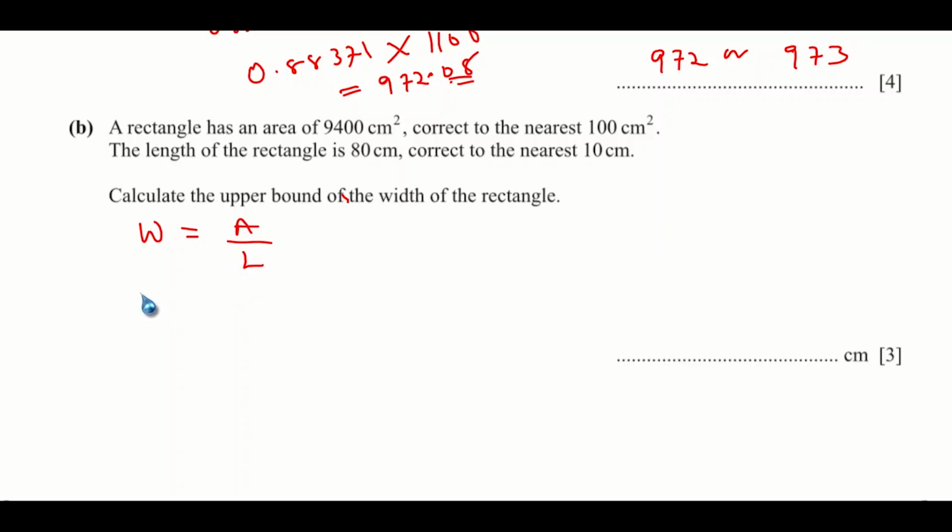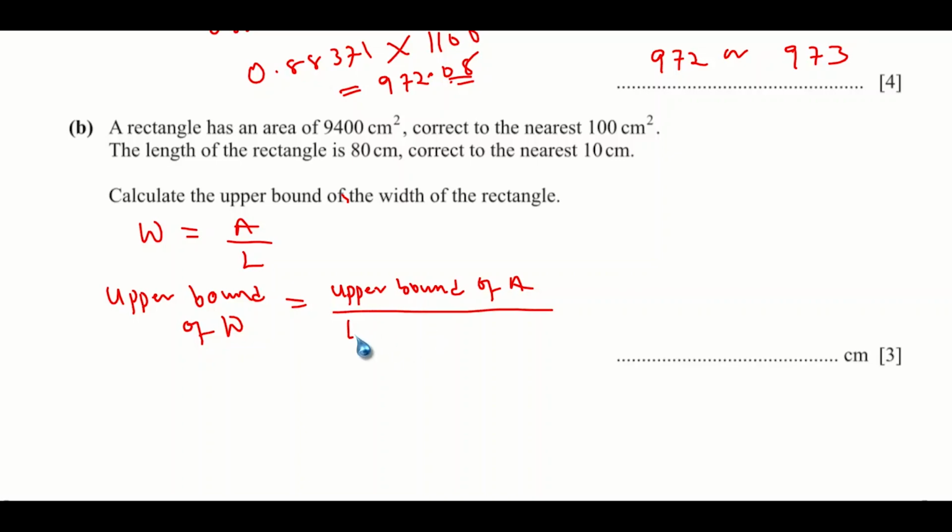So the upper bound of W will be equal to the upper bound of A divided by the lower bound of L. That is how you get that.